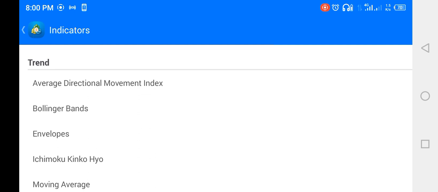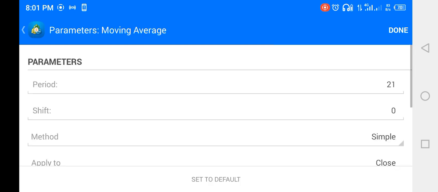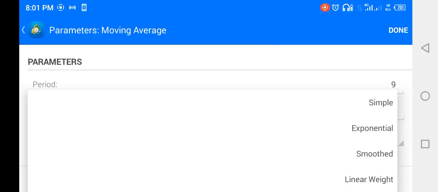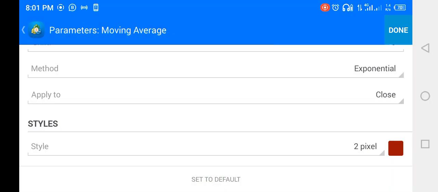So I decided on my own, okay, let me try EMA 9. Let me see how the move will look. And I added EMA 9, and I actually like the move.